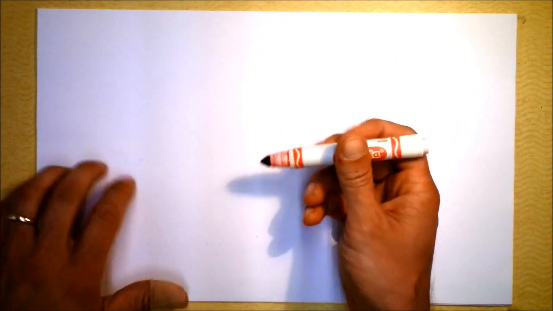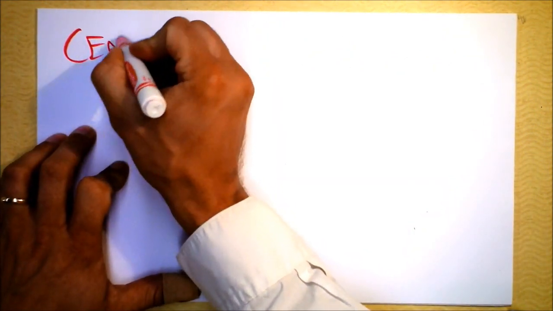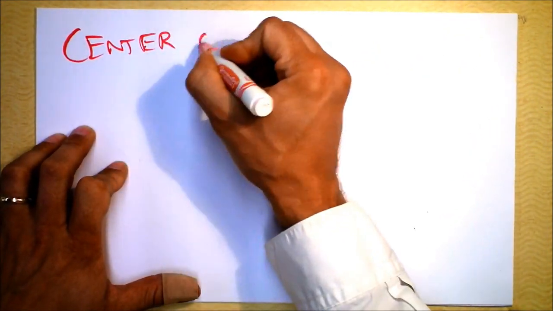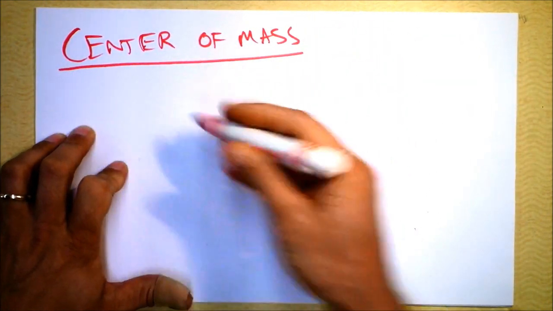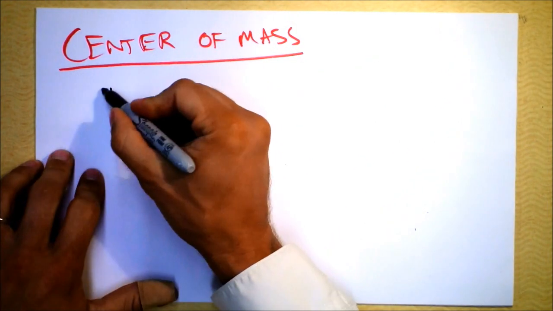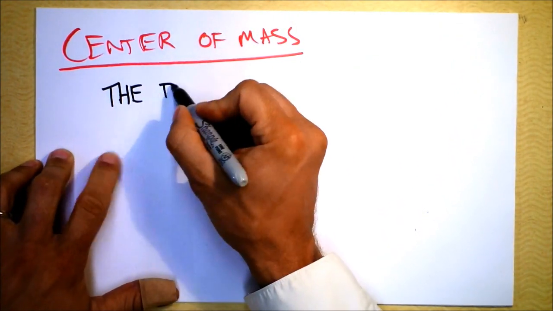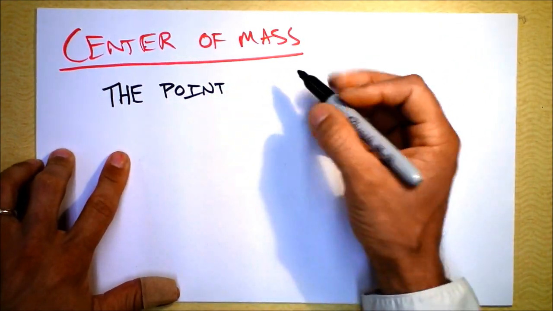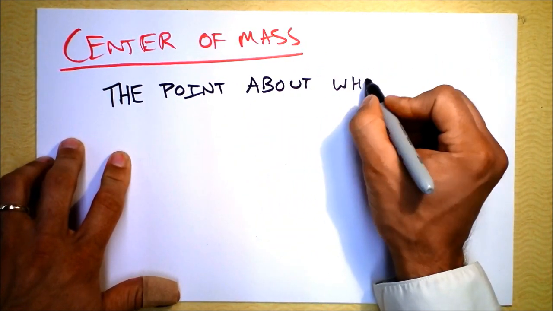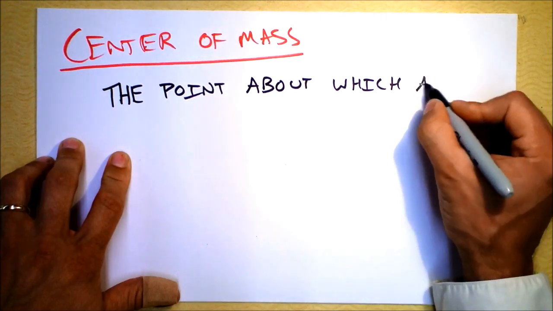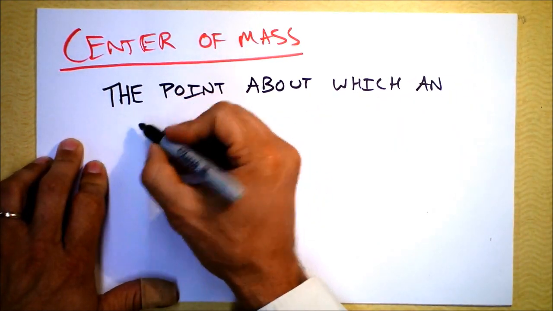Center of mass and balance. This is a very simple section. The center of mass is the point about which an object won't rotate.